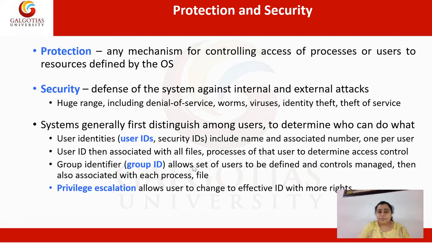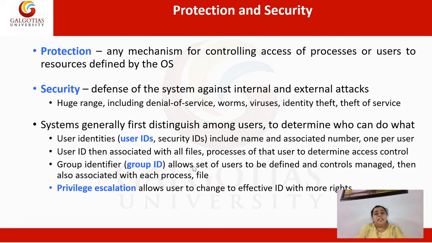So what all it does, it identifies the user, okay? It basically gives a user ID and a security ID to a user. User ID is then associated with all the files. It also decides which particular file will get which user ID, right?